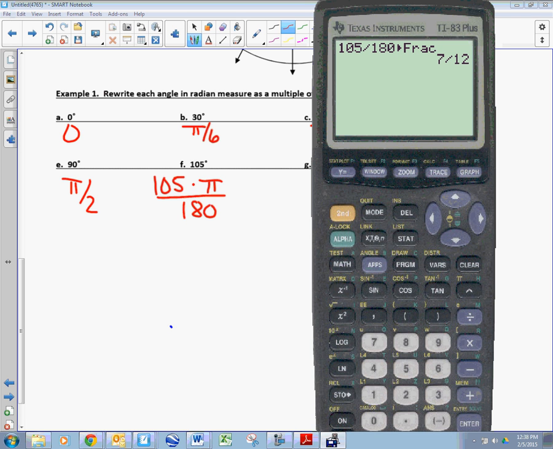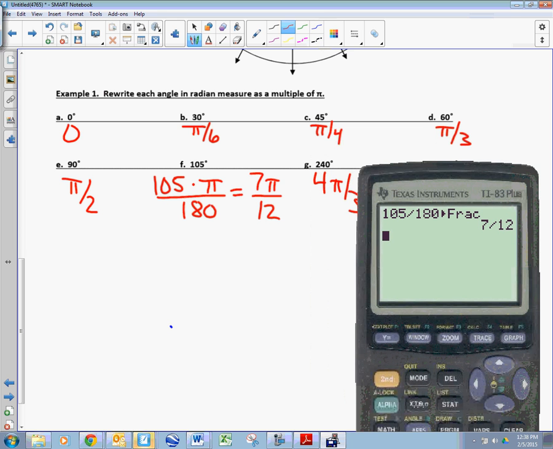Otherwise, obviously they both divide by 5, they both divide by 3, they actually both divide by 15. So this ends up being 7 pi over 12. You must write it in reduced form. Now I'll show you one more little trick.